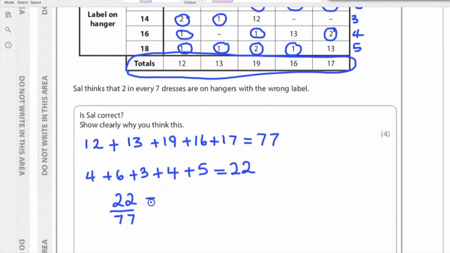If we divide both by 11, this is giving us 2 out of 7. Therefore, 2 out of 7 dresses are on hangers with the wrong label. Is Sal correct? Yes, she is correct.